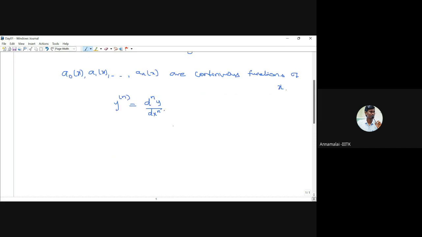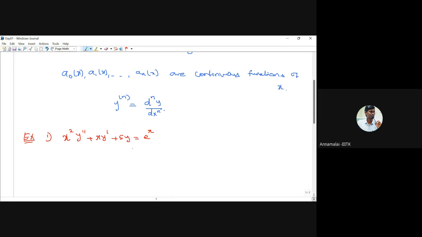Now, examples of linear differential equations with different coefficients. For example, consider x squared times y double dash plus x times y dash plus 5 times y equal to some function of x, maybe e power x.